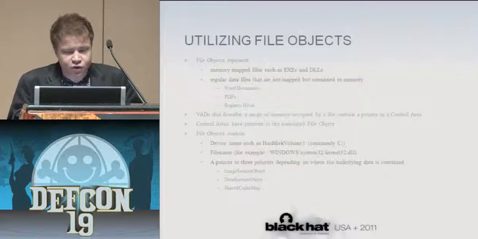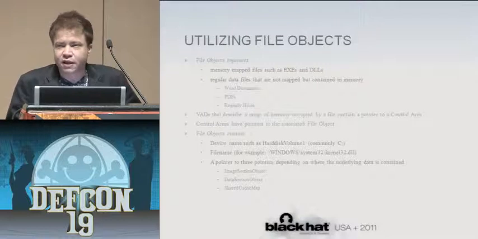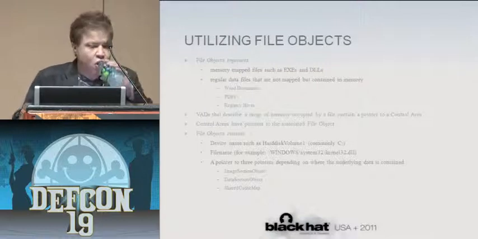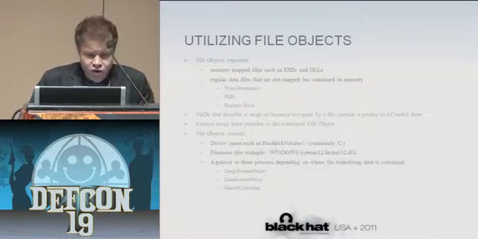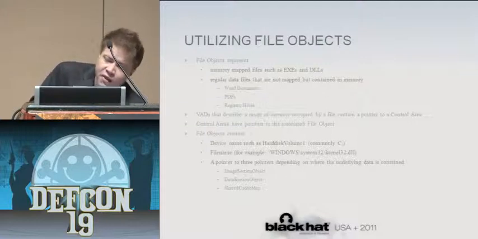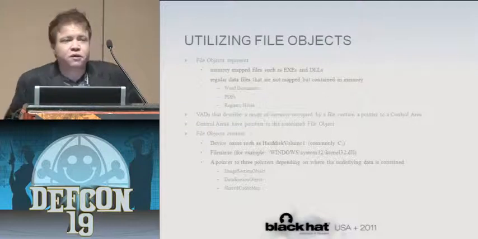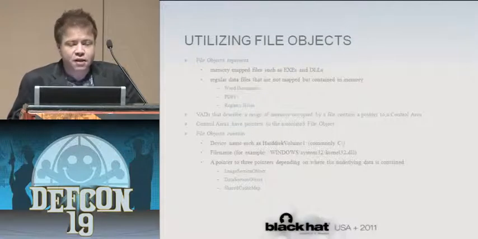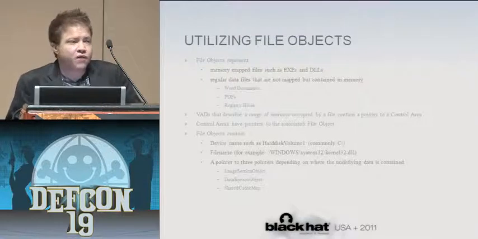So the VADs are still interesting to us, but we're going to utilize a little bit more data that they make available. So VADs describe a range of memory that the file occupies. And if it's a memory mapped file, or if a file object represents that region of memory, then the VAD will have what's called a control area.